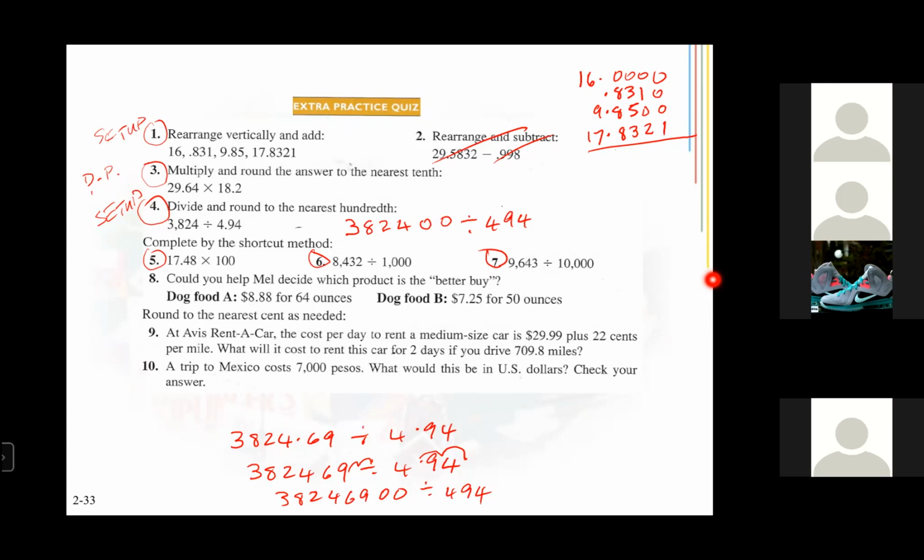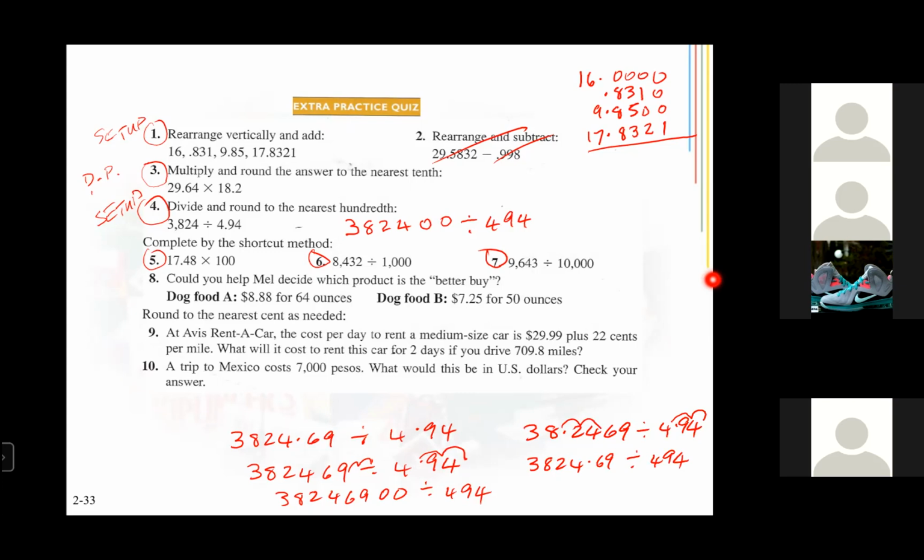So if they had given us, say, 38.2469 to divide by 4.94, then you move 2 places to the right for both of them. 1, 2. So you're going to have 3824.69 divided by 494. Okay. Mm-hmm. Thank you. All right.